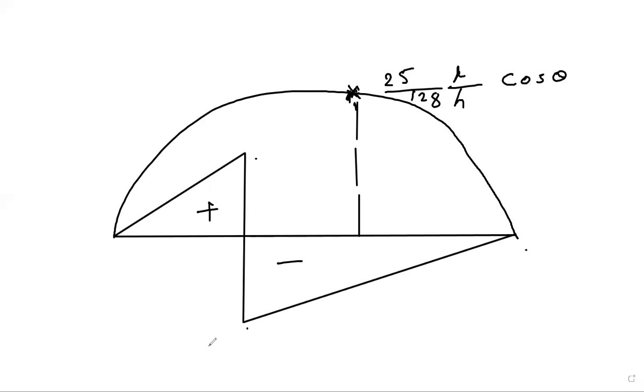So the y2 value is L minus x by L, Vg into sine theta. Then this is x by L into sine theta, since Vg sine theta is there. Therefore, L minus x by L into sine theta. Then Hg cos theta, whatever the value of Hg, 25 by 128 L by H into cos of theta. So this is positive again.